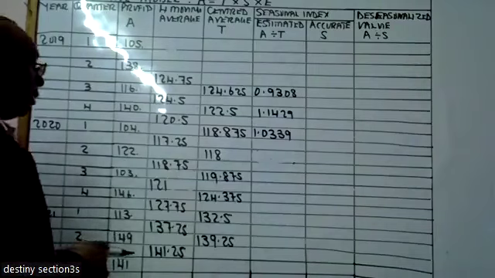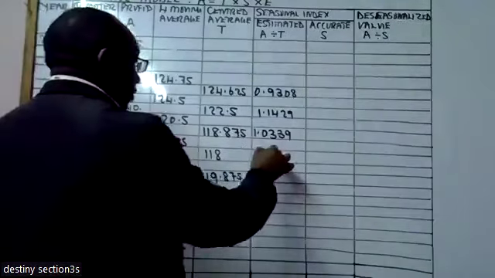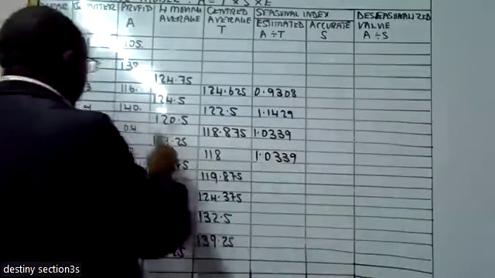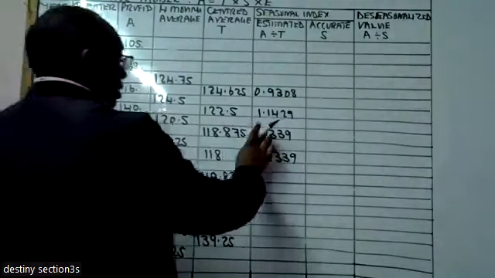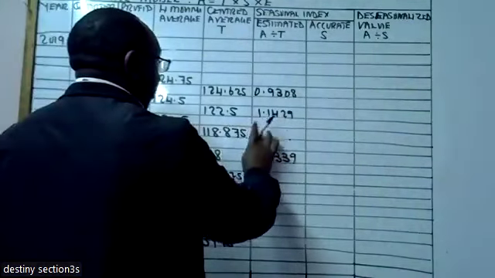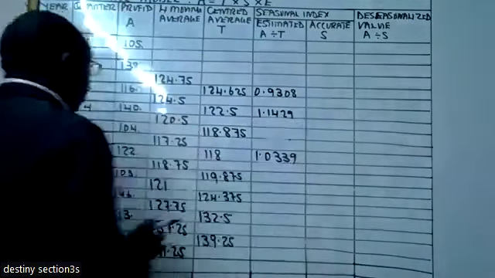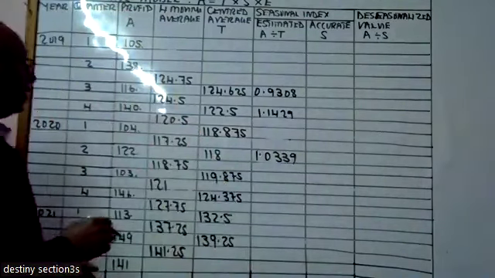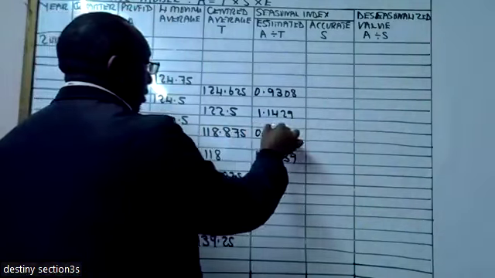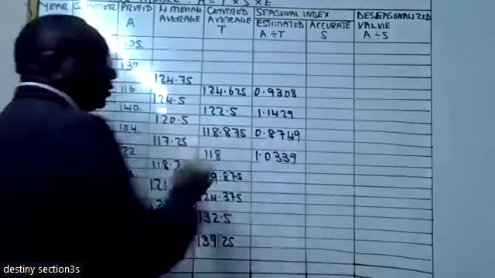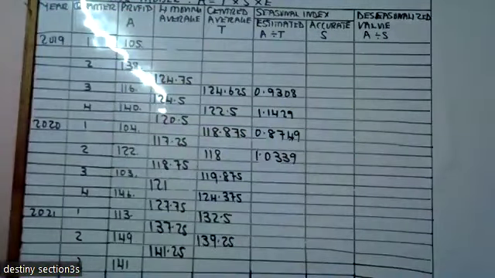That is 1.0339. And this other one, 104 divided by 118. 0.8749. But the first two are okay, yes?